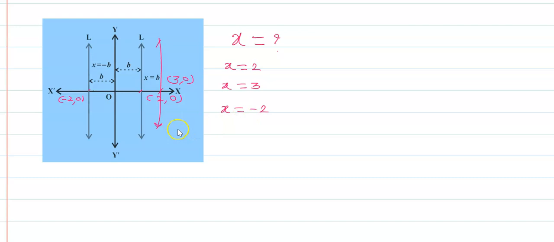In this way, whenever a line is parallel to the y-axis, the point at which it intersects gives the equation of the line. In general, suppose the line intersects at the point (b, 0), and therefore its equation is x equals b.